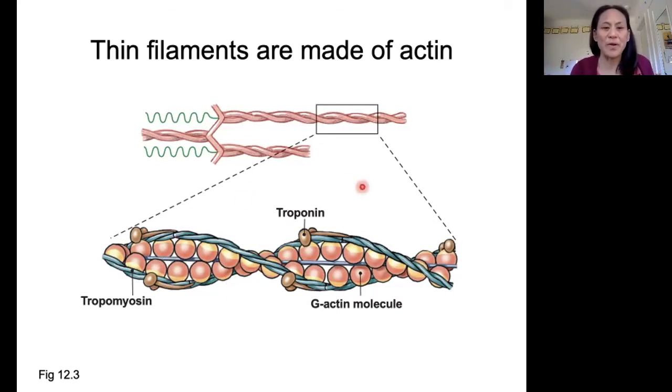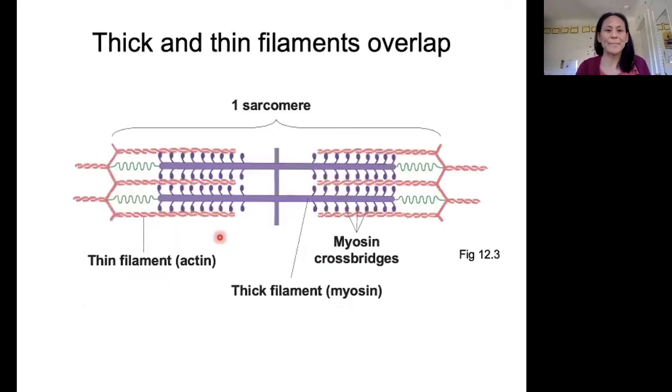Also, I would like to point out that we do have a couple proteins that are around the thin filament, troponin and tropomyosin. So those are also proteins. They're like accessory proteins. And they also play an important role in muscle contraction, as you'll see. They regulate whether the muscle will contract or not, okay?